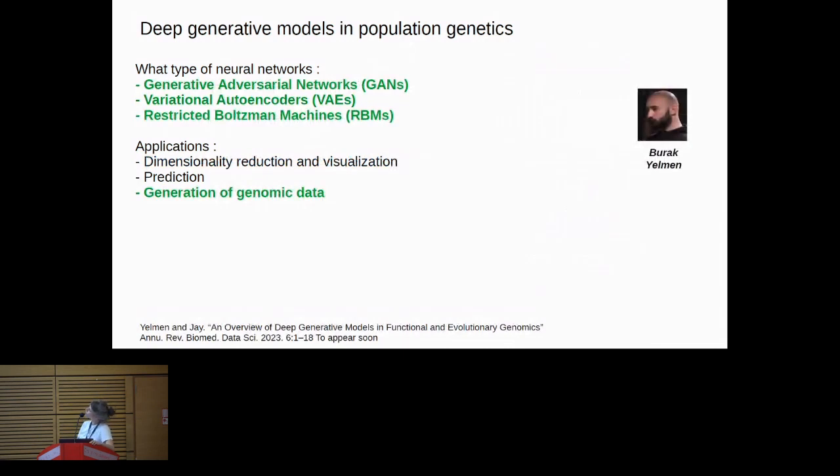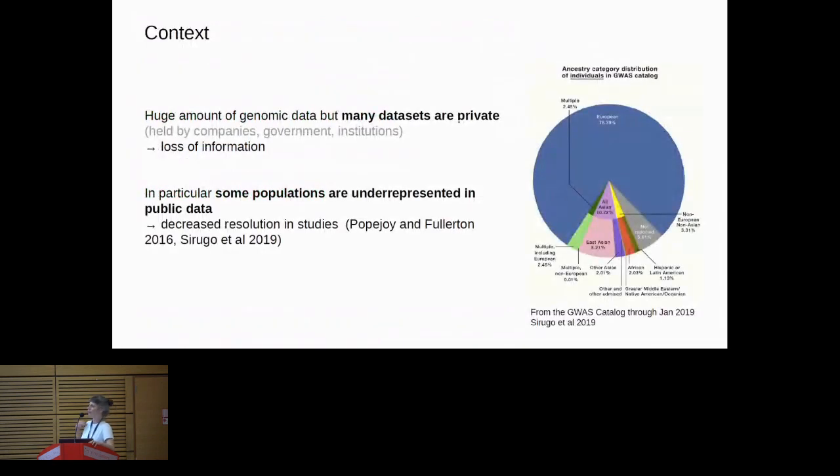And so what we've been doing in the lab is to work on generative adversarial networks, VAEs, and restricted Boltzmann machines to do generation of genomic data. And why did we want to do that in the first place? Where did the idea come from? There are more and more data sets, but in fact they are not all easily accessible.